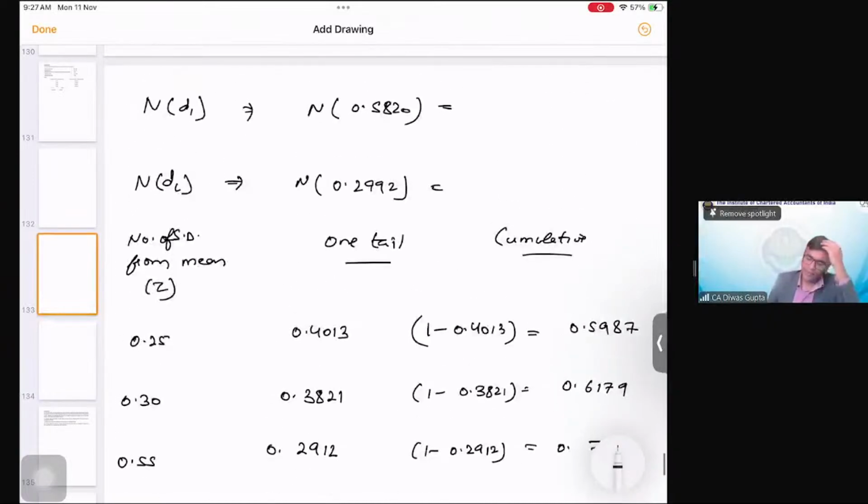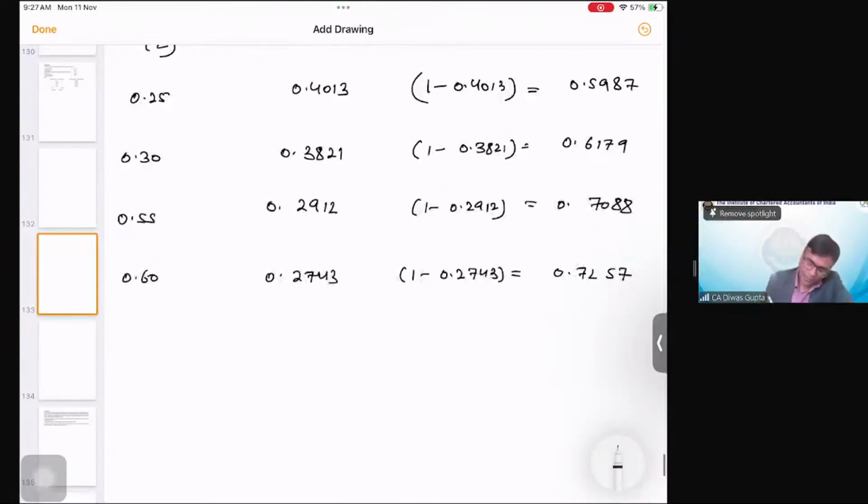Now students, if you see, we have to calculate 0.5820, and we have been given 0.55 and 0.60. So in order to achieve this, we have to use the interpolation technique.